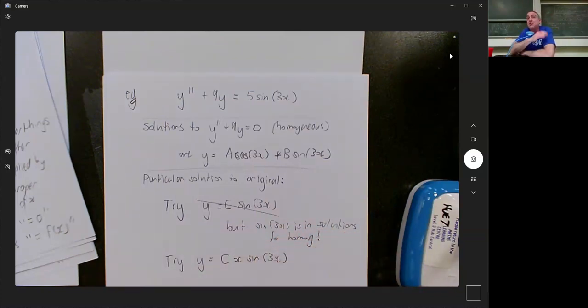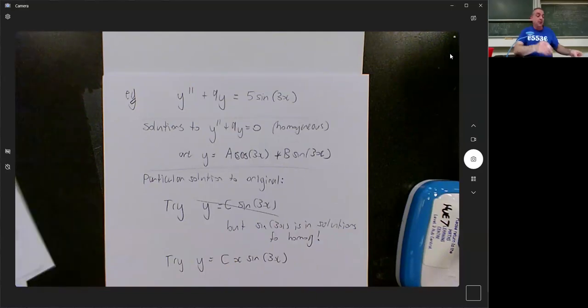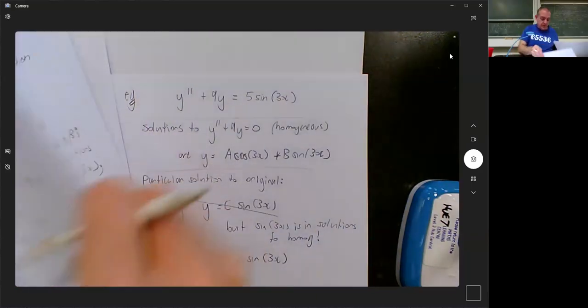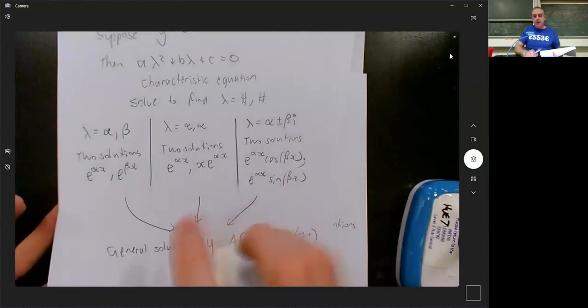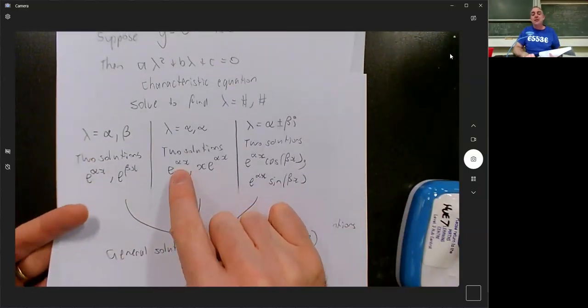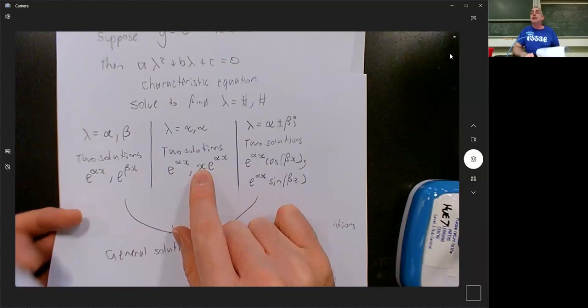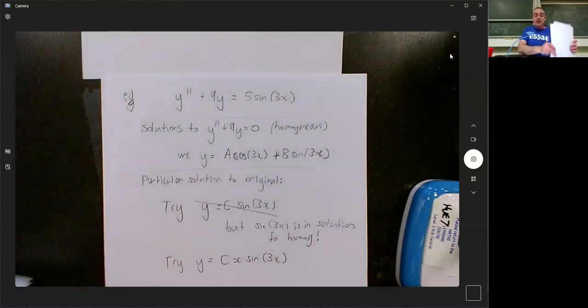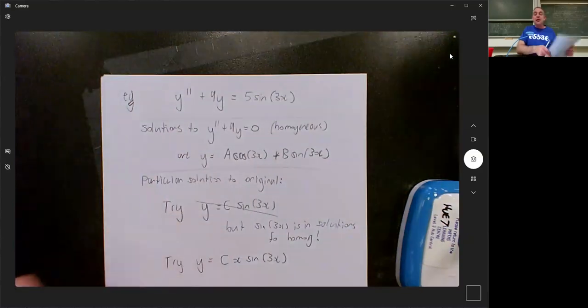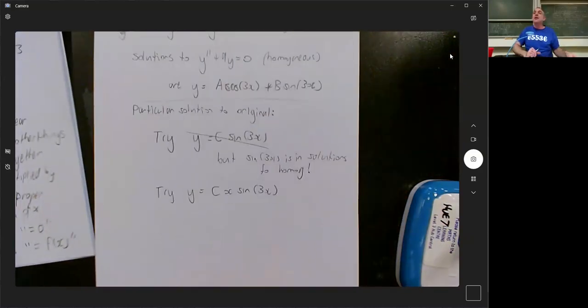And this is a generic strategy for linear constant coefficient DEs: if you can't use a solution that you wanted to, times it by x and try that instead. We've already seen that strategy earlier. We used e to the alpha x, and we can't use it again, so we times it by x. So we're going to use the exact same strategy here. We're not allowed to use sine of 3x, so we'll use x times sine of 3x instead.